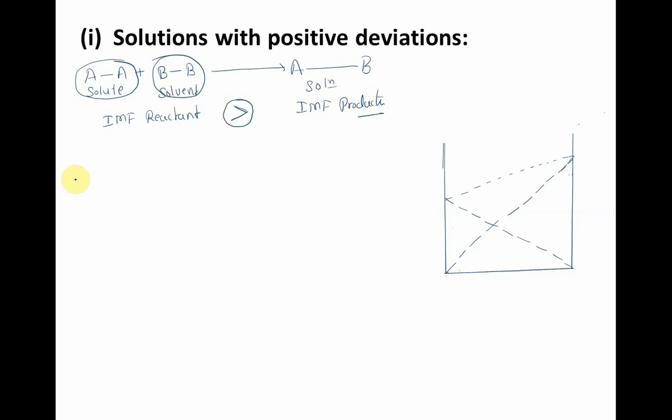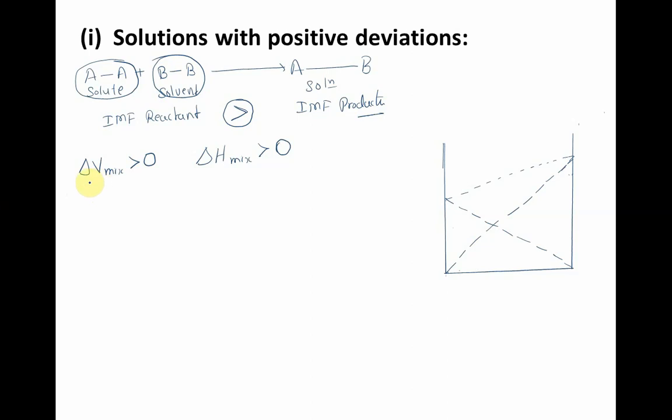Therefore, delta V mixing becomes greater than 0. 100 plus 100 becomes more than 200 because molecules move far away from each other. Whenever the molecules move far away from each other, to attain stability they always absorb heat energy. Therefore, delta H mixing also becomes greater than 0.